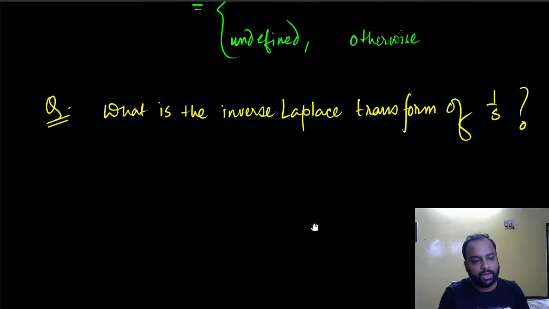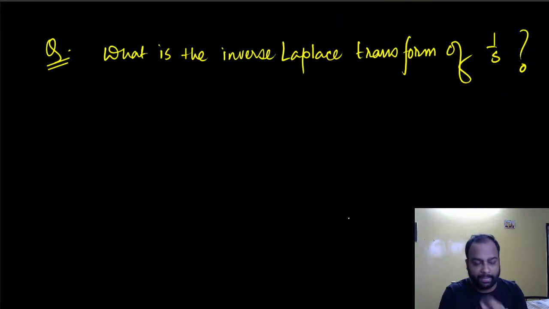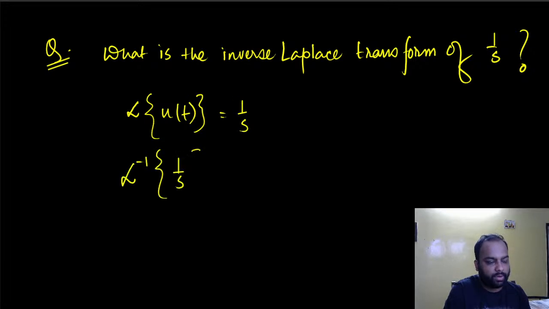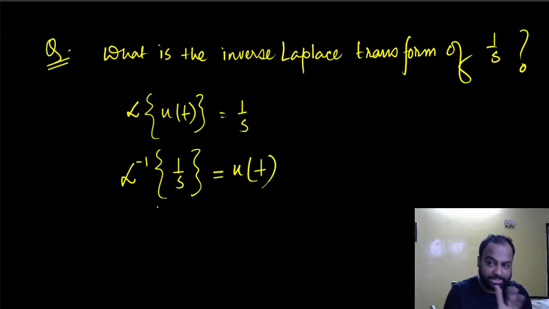You already know that the Laplace transform of u(t) is 1 by s. So the inverse Laplace transform of 1 by s is going to be u(t), right? No, you will see why.